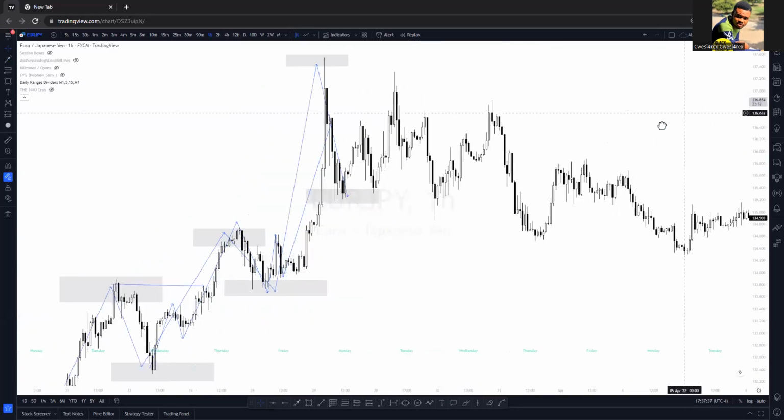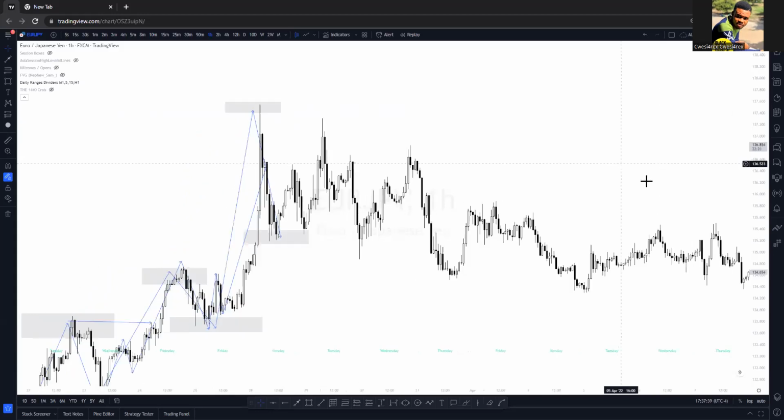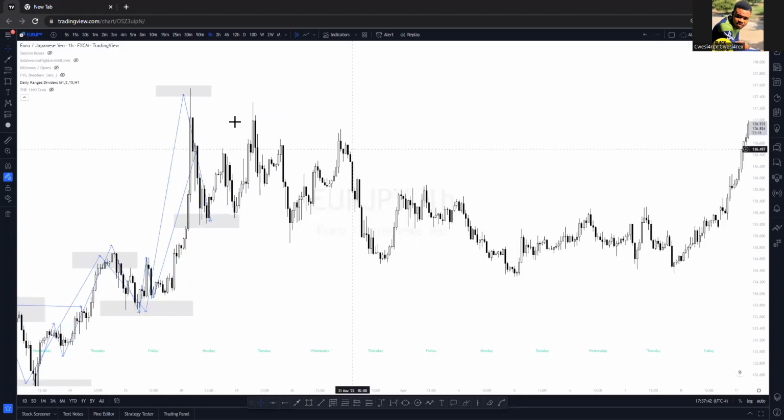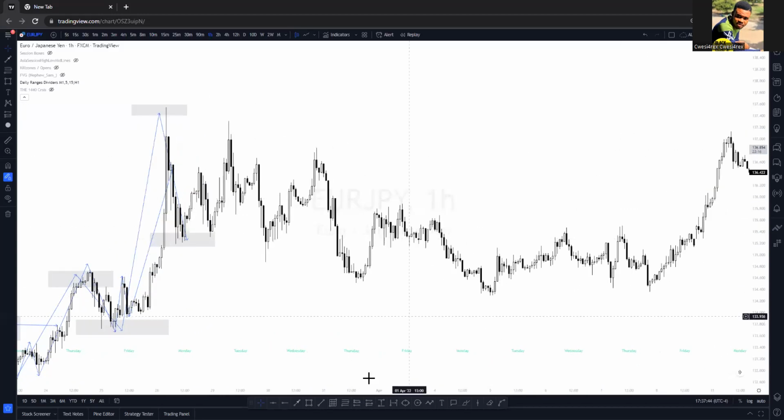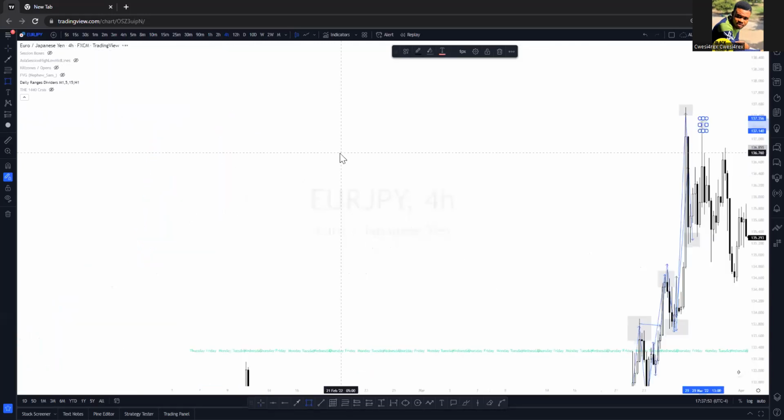Now let's look at the selling market also. There's a consolidation, but we can still have some lower highs and lower lows inside, right? So let's check the H4.